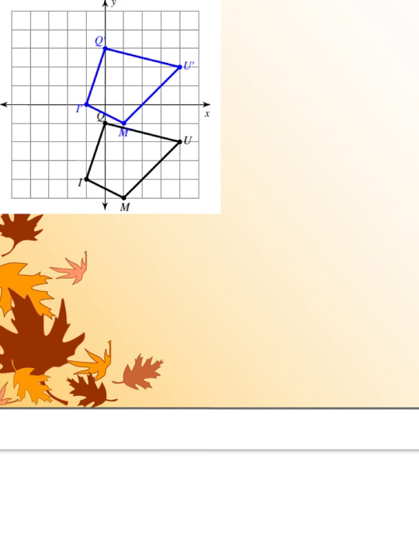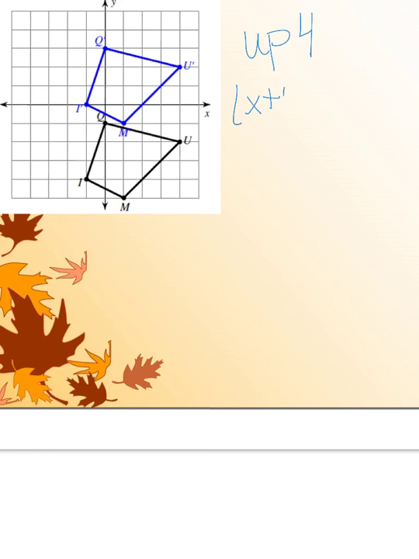So for this one, we are going up 1, 2, 3, 4. So I'm going to make a note here. All we did was go up 4. So for my coordinate notation, this time we didn't move left or right, and I have to start with X first.